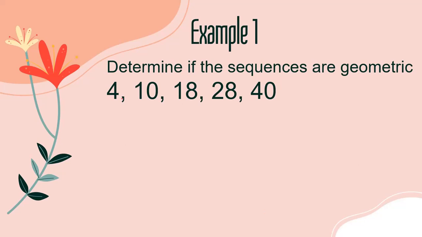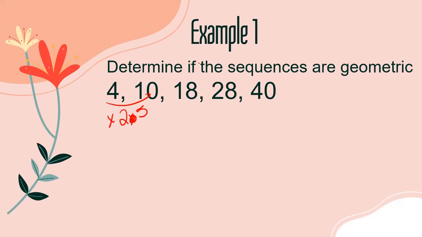So again, I'm going to look. Well, 10... What am I multiplying by? Well, 10 divided by 4 is how I can find the ratio. That is 5 halves, so 2.5. I'm multiplying by 2.5 here. Is 10 to 18 the same thing?